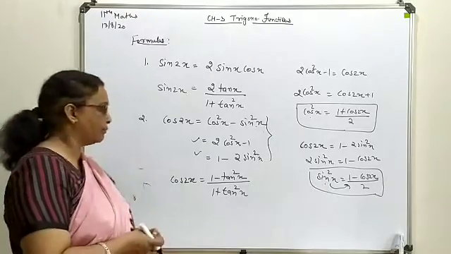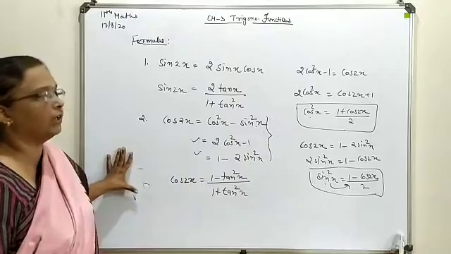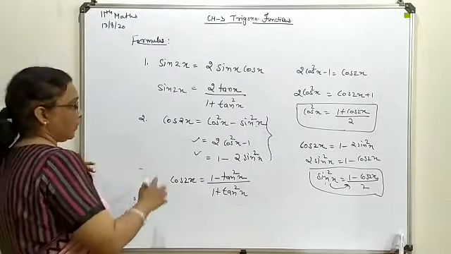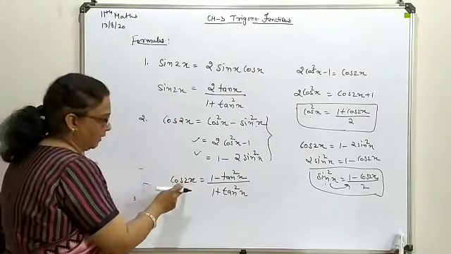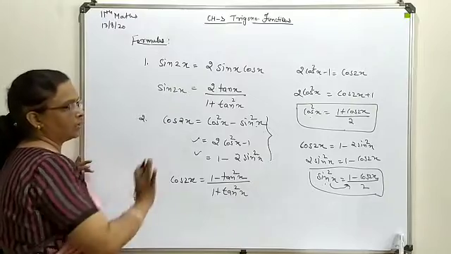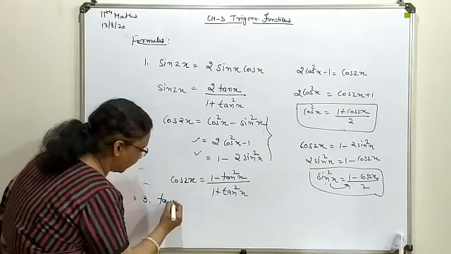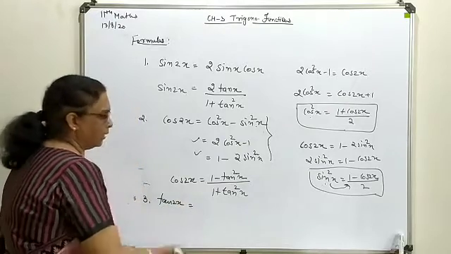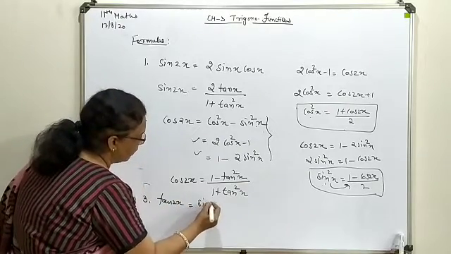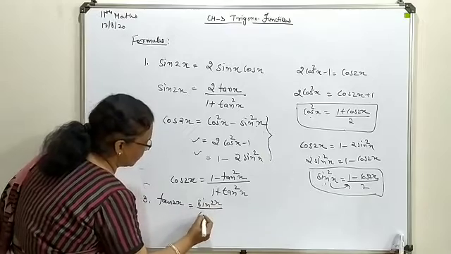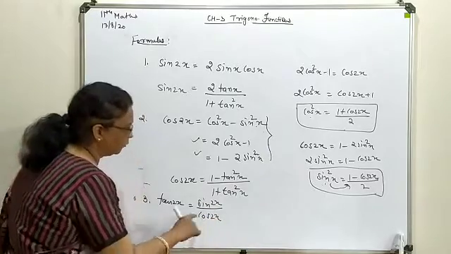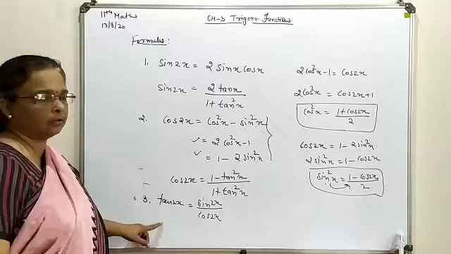Now the next 2 theta formula is the tangent. Already sin 2x and cos 2x we have written in terms of the tangent. As we want to write the formula of tan 2x, the normal thing is that sin 2x upon cos 2x will give you the formula for tan 2x.